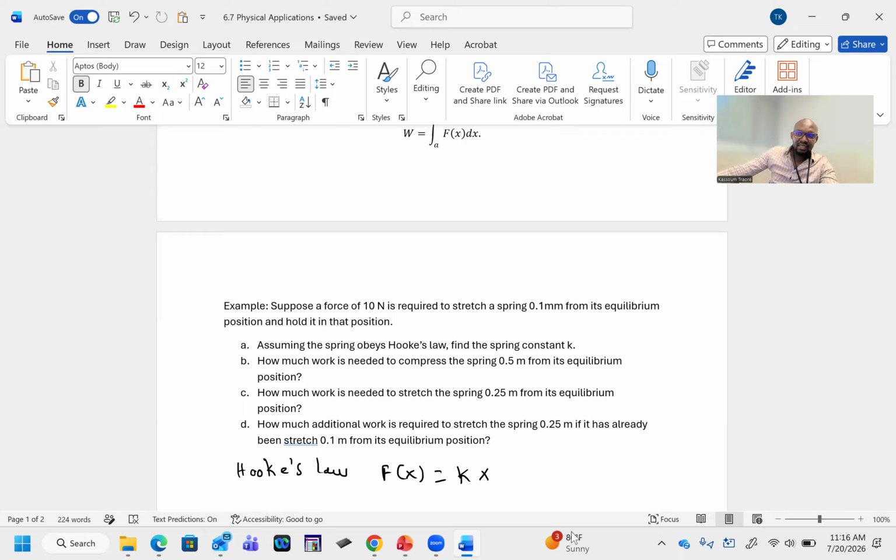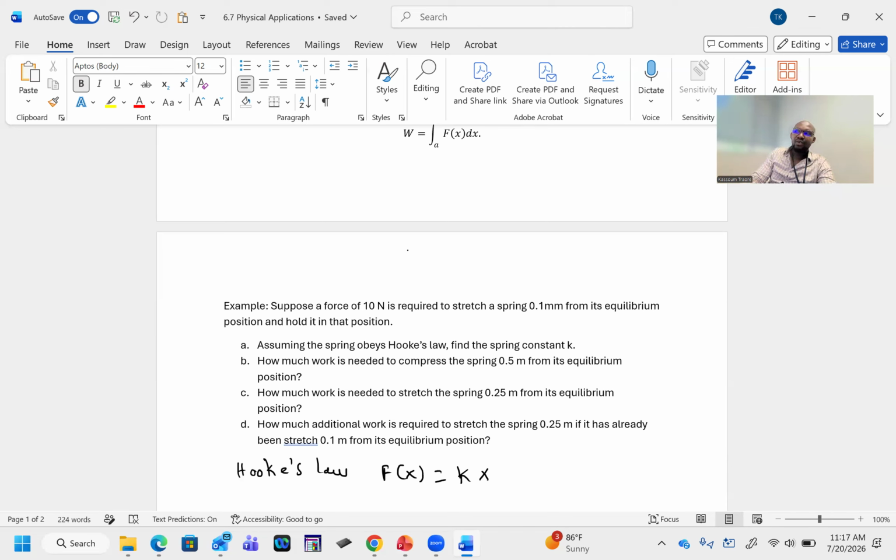And note that to stretch the spring to a position x positive, a force positive in the positive direction is required, okay? And to compress the spring to a position x less than 0, then a force less than 0, which is in the negative direction, is required.